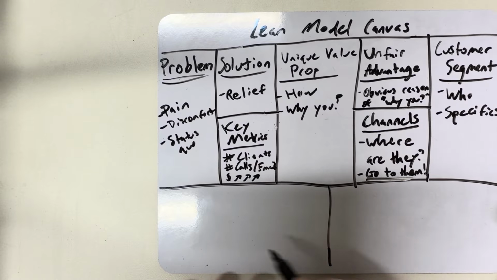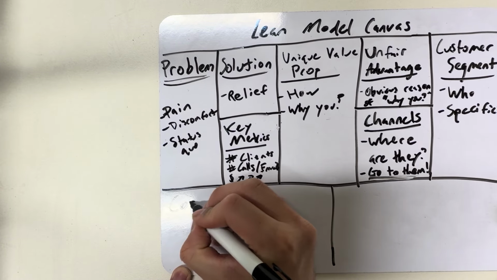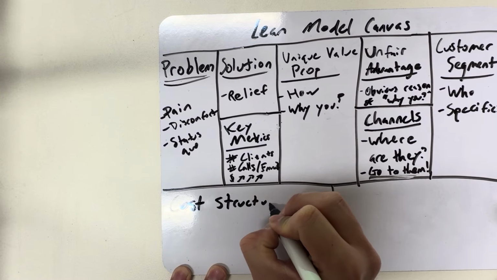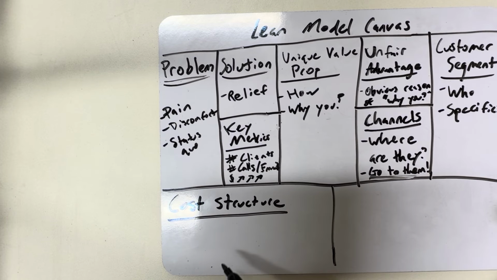Okay. So the last two segments, and these are kind of like the foundation, is the cost structure of your business. Are you going to charge monthly? Are you going to charge upfront and monthly? Are you going to have a huge upfront fee? Are you going to have royalties? Are you going to, yeah, really just how are you going to make money?